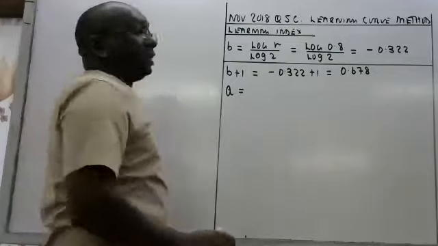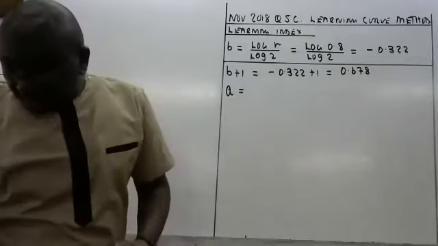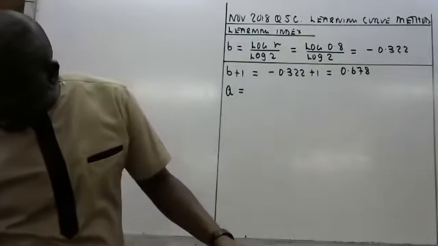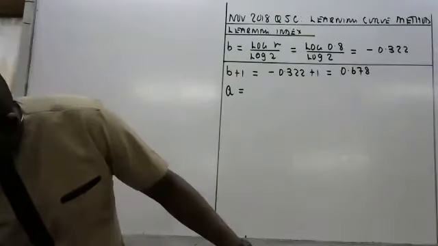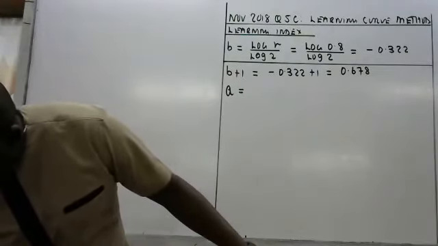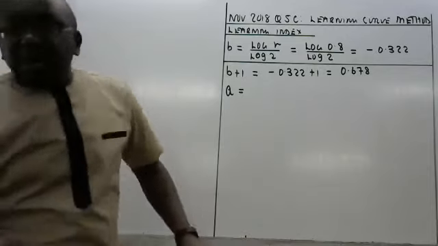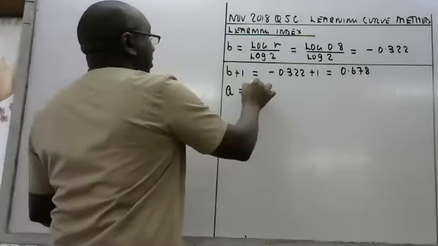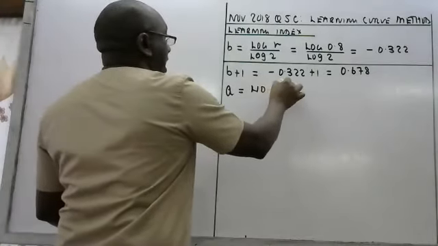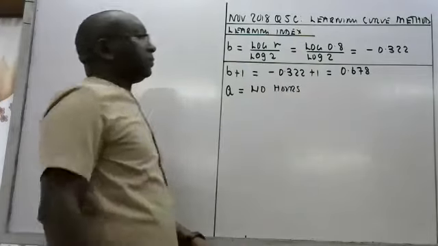So A is the time taken to make the first one. We are told the first required 40 hours.